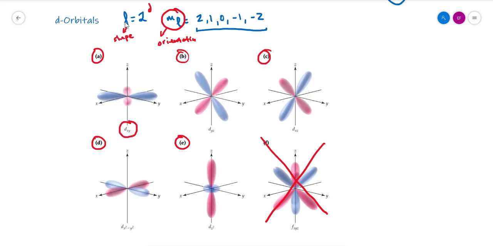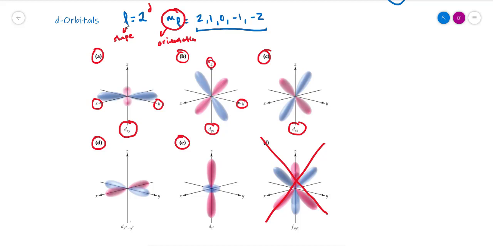The reason is because these 4 lobes, these dumbbell lobes, are lying in the x and y plane. Just in the same way, the dyz orbital has the same shape, but now these are lying within the y and z planes, perpendicular to the x direction, I should say. We have the dxz, which is lying in the xz plane.